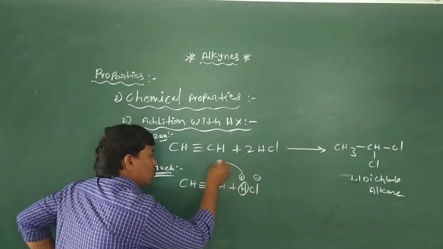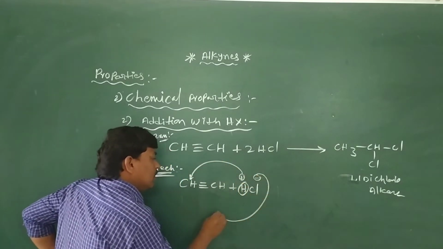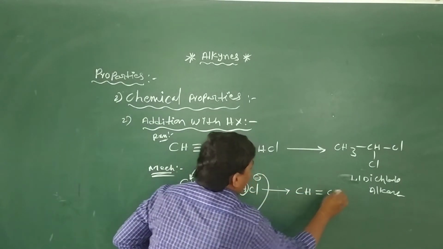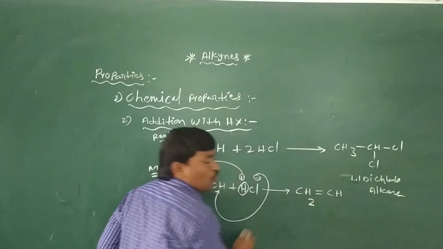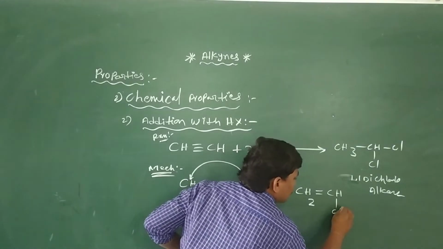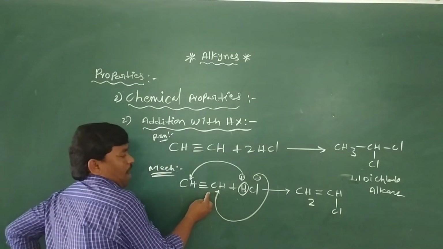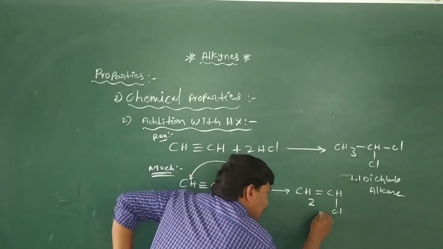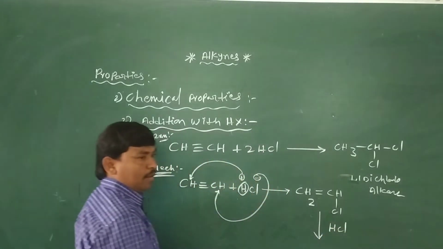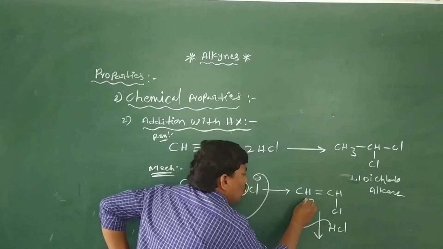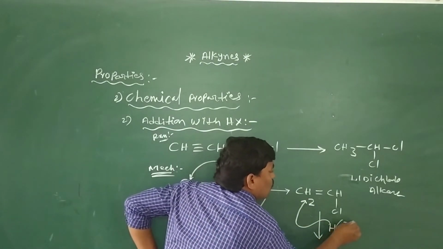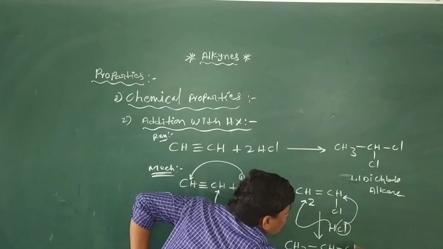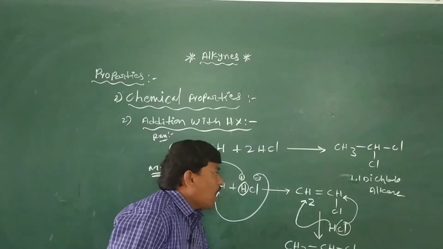Hydrogen moves to one carbon and chlorine moves to the other carbon, forming CH2=CHCl. Then another mole of HCl: hydrogen moves to this carbon and chlorine moves to this carbon to give CH3-CHCl2.